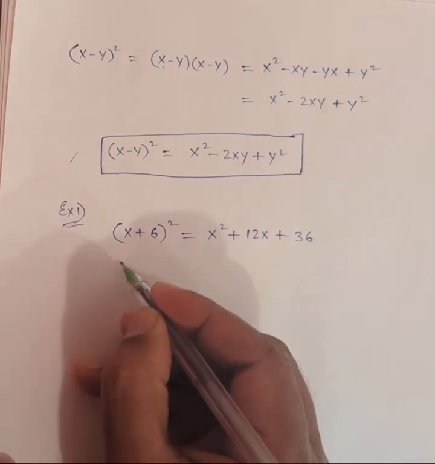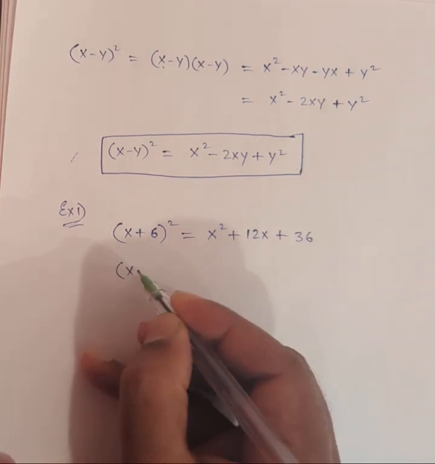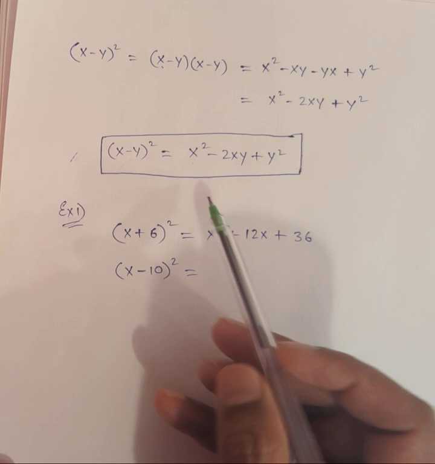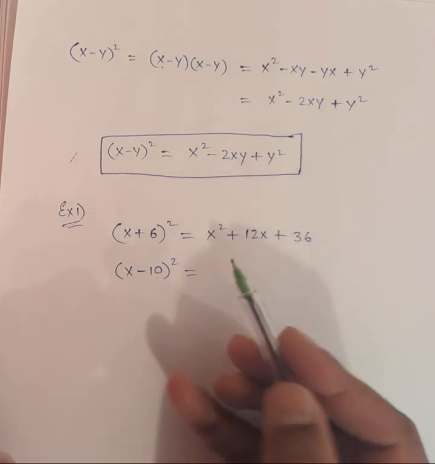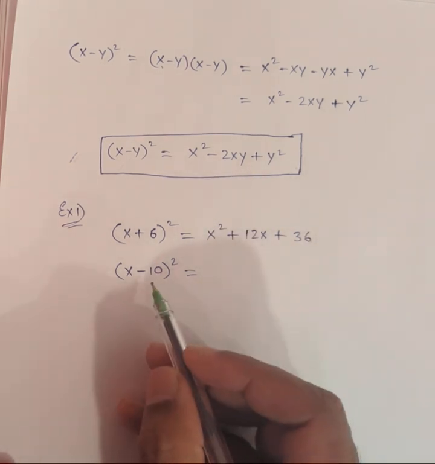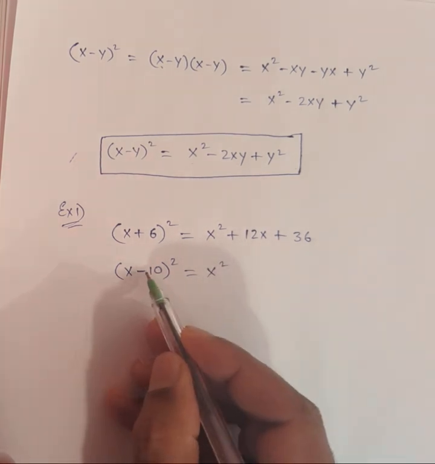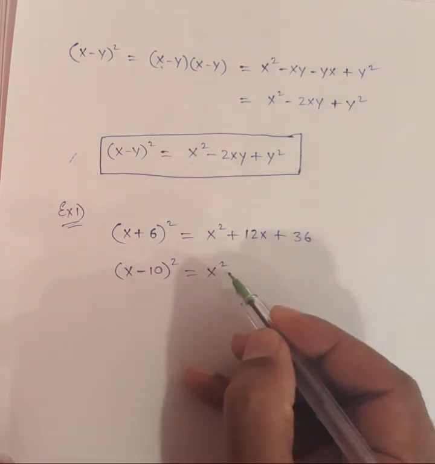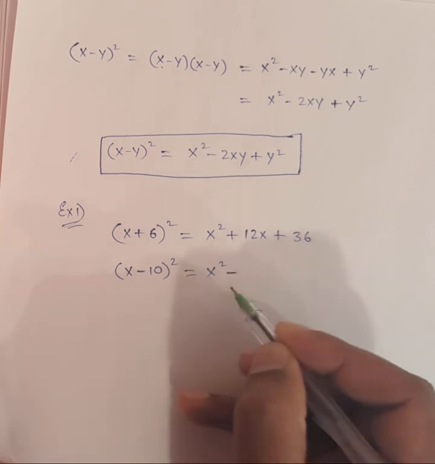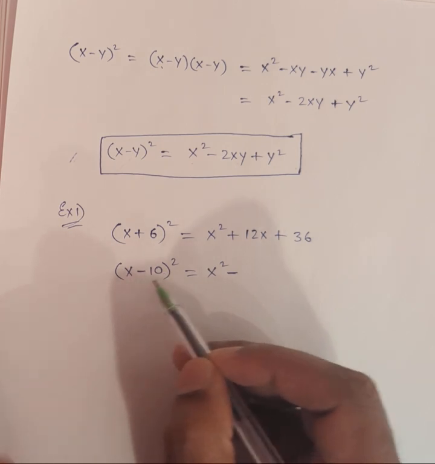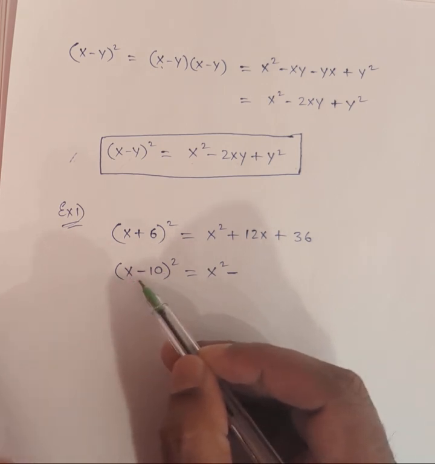All right, let's do one with a negative sign. So say x minus 10 quantity square. Now we can see it here. The first and last terms are going to be easy. X square. If you have a minus, then you'll have a minus here in the second term. And what would it be? It would be double their product.